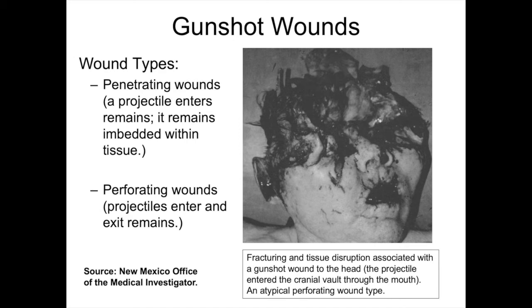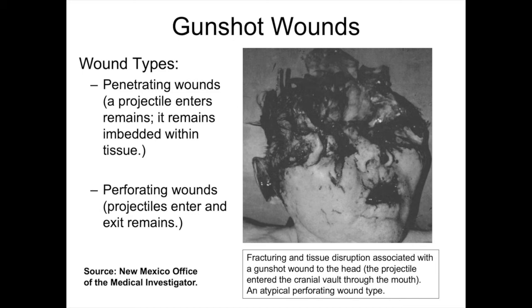So this particular image here is somewhat disturbing, but important when you're looking at different kinds of injuries in both soft and hard tissue. Here we see extensive fracturing and tissue loss that results from an intraoral gunshot wound, self-inflicted. It's considered to be a kind of atypical gunshot wound, and we'll talk about this in just a moment.